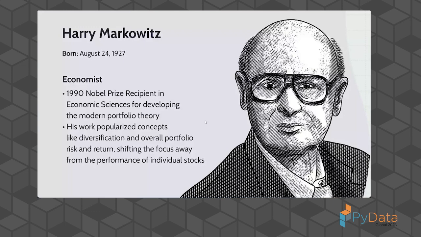He's a very popular figure. If you do a quick Google search, you'll get tons of information about him. He won a Nobel Prize in 1990 in economic science for developing modern portfolio theory. That's a great thing.